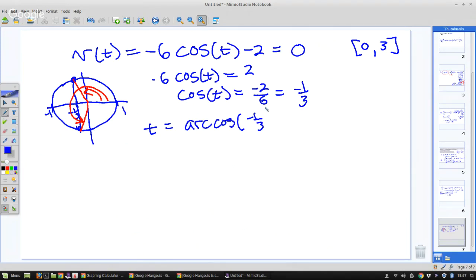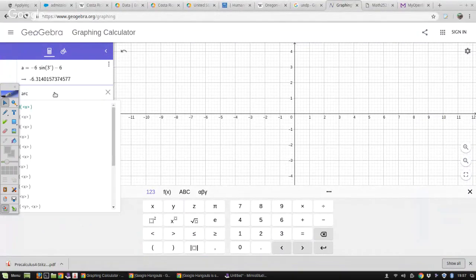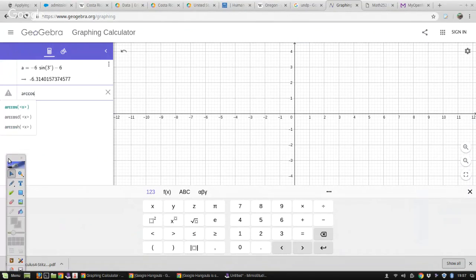Parentheses. Let's get a value for the arc cosine approximately. Calculator. What is the arc cosine of -1/3?